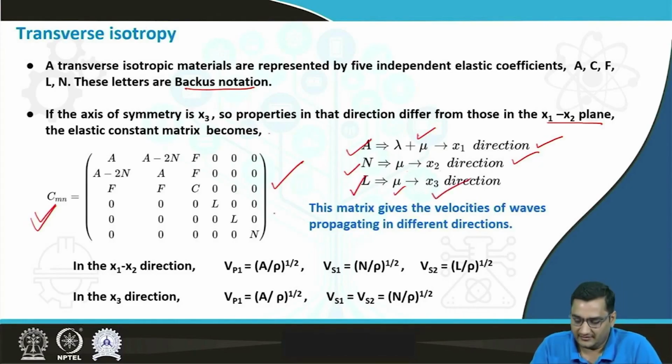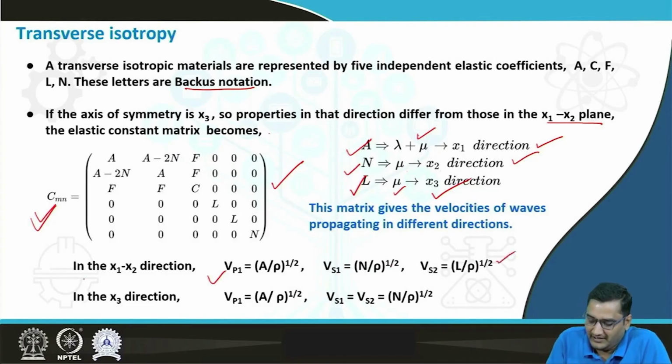And this matrix particularly gives the velocities of the waves propagating in different directions. So in the x1 and x2 plane, Vp1 will be the square root of A by rho, Vs1, that is the shear wave velocity, is the square root of N by rho, and Vs2 is equal to the square root of L by rho.